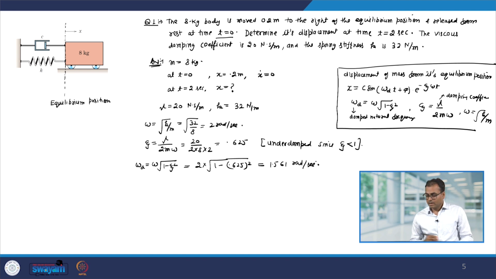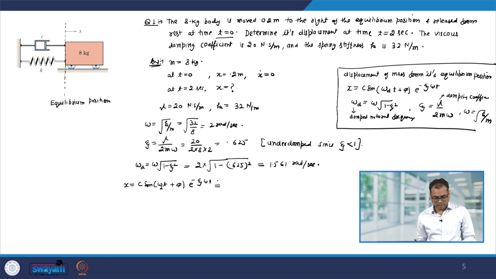Okay. Now, let us look at x. x will be c sin(omega_d t plus phi) into e to the power minus zeta omega t.